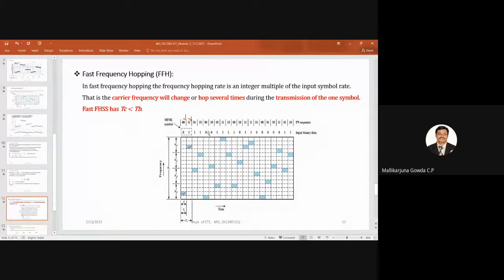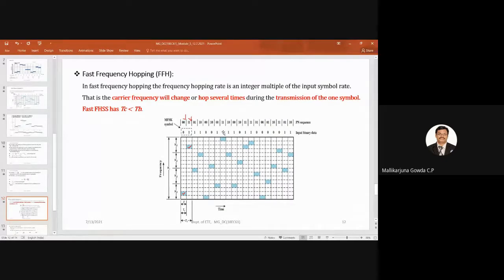And don't think that for 0, 0 there is one particular combination, and for the next 0, 1 symbol, another particular combination. It is not like that. It keeps changing. That is why you just check whether that PN sequence is the same or not. So for 1, 1 it is this now, then for 0, 0 it is this, again here 1, 1 is there.